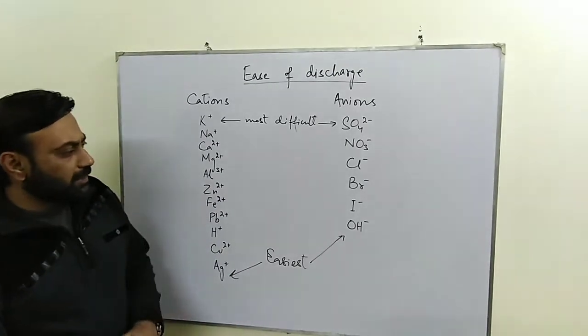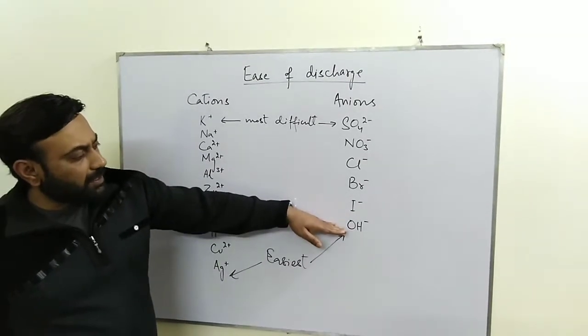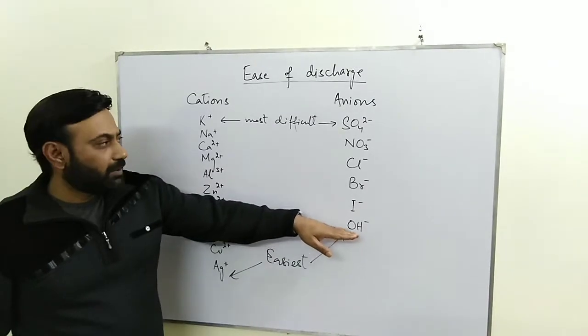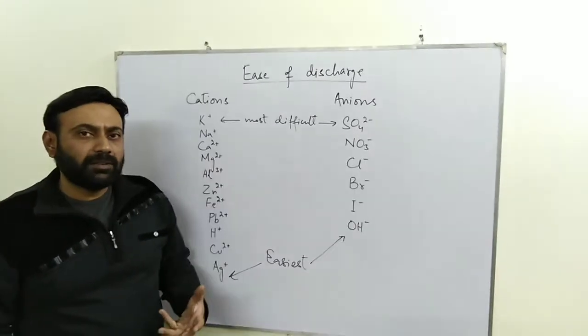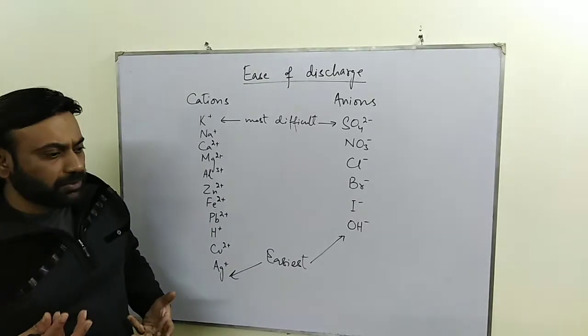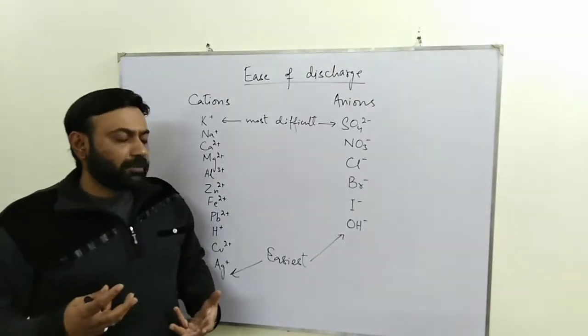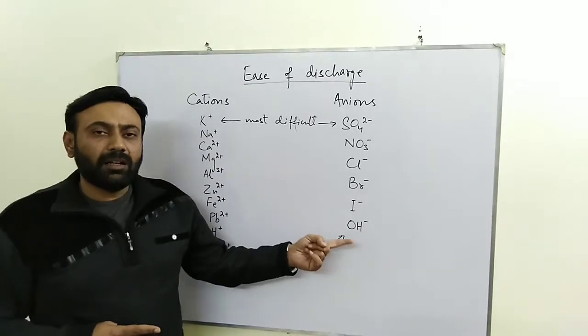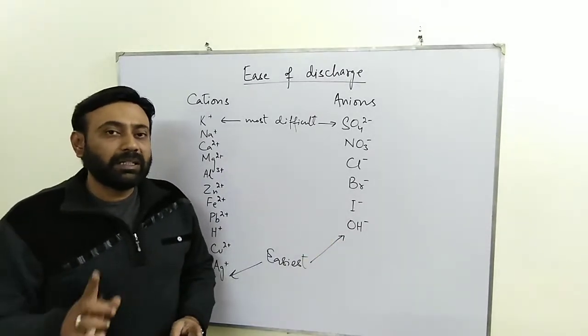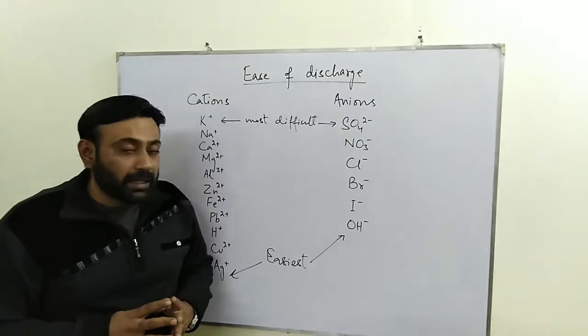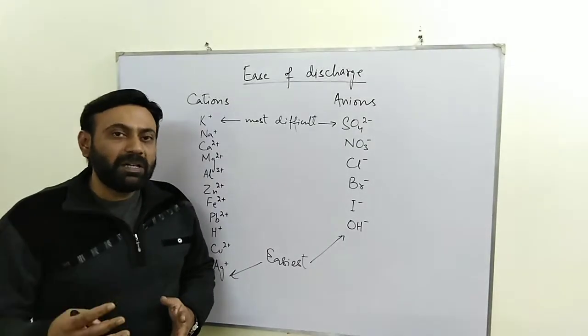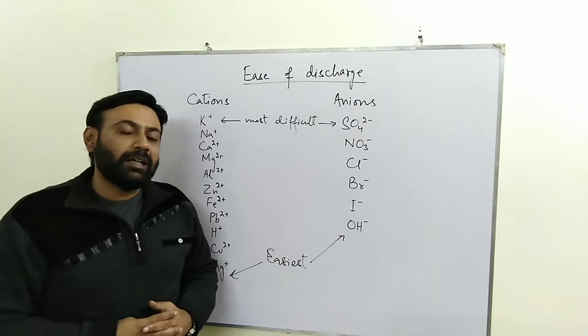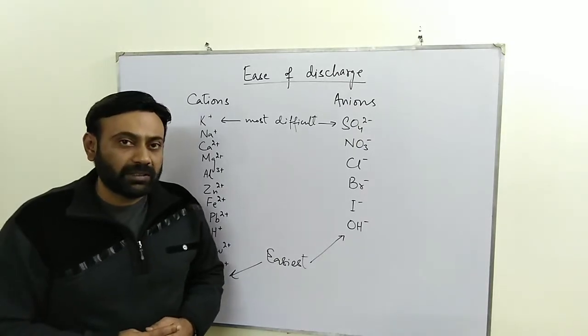Now we can see that hydroxide ions are right at the bottom of this ease of discharge series. That means they are easiest to discharge. So we could assume that whenever we are electrolyzing an aqueous solution, hydroxide ions are always going to be discharged. But that is not the fact. The outcome may be different if the other ion is present in a high concentration.